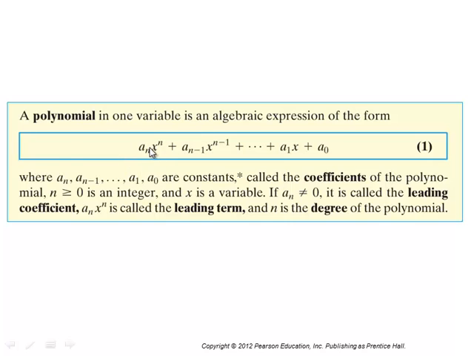What we typically do with polynomials is arrange the terms in decreasing power, and so n would be the highest power. The coefficient for this highest degree term is called the leading coefficient. And this term right here with the highest degree is called the leading term, with n being the degree of the polynomial.